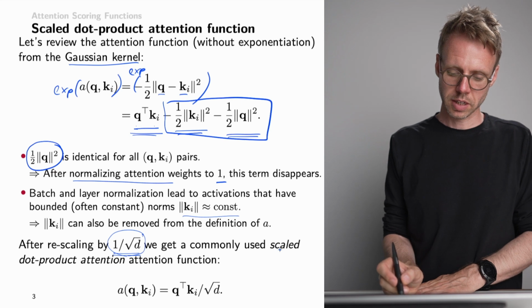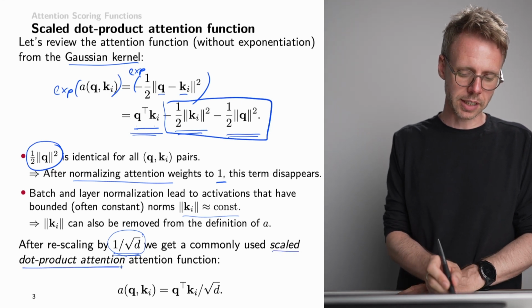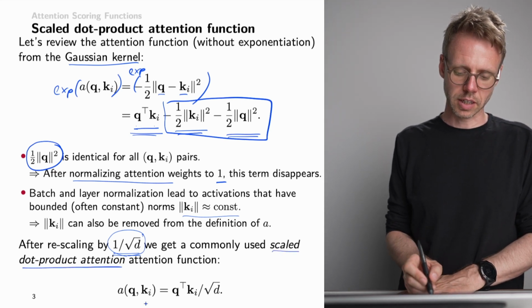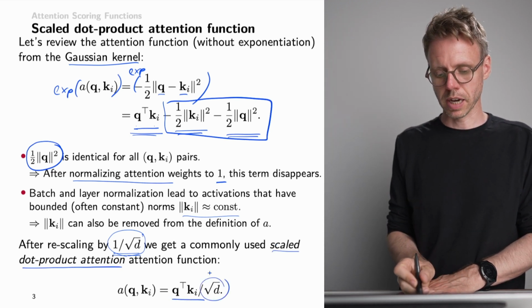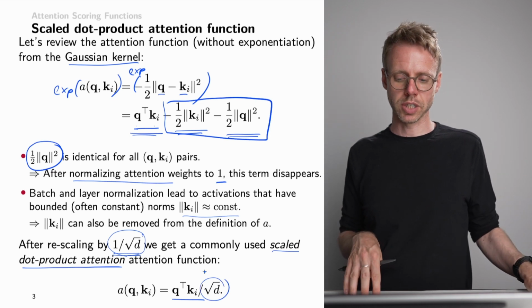So the so-called scaled dot product attention function is defined as the inner product between the query and the key divided by the square root of the number of dimensions.